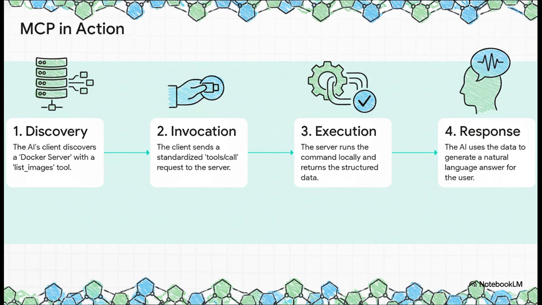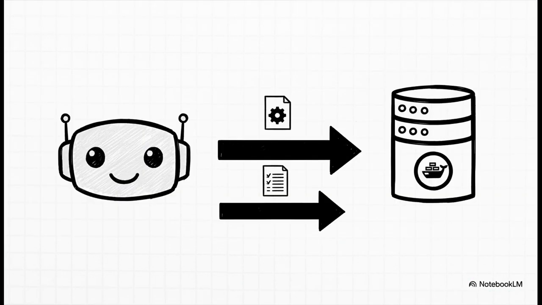Step 1 is discovery. The AI knows it can't answer this question on its own, so its MCP client looks around and discovers, hey, there's a Docker server available, and it has a tool that can list images. Perfect. Next up is invocation. The client sends a standard request to the server, basically saying, hey, can you run that list_images tool for me? Then comes the action. The server gets the message, runs the actual command on your machine to find the Docker images, and sends that info right back.